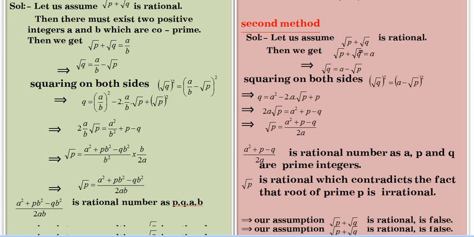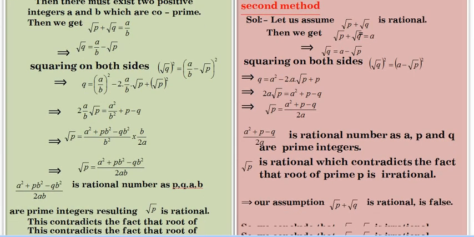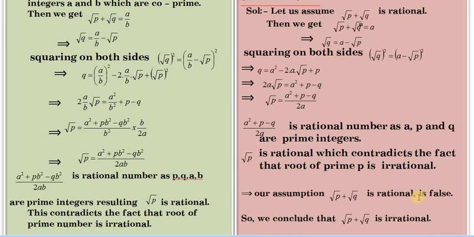So root p rational number means, is it true? It's not true, because p is a prime number. That is the statement what is given: if p is a prime number, then the root of that prime number will always be irrational.